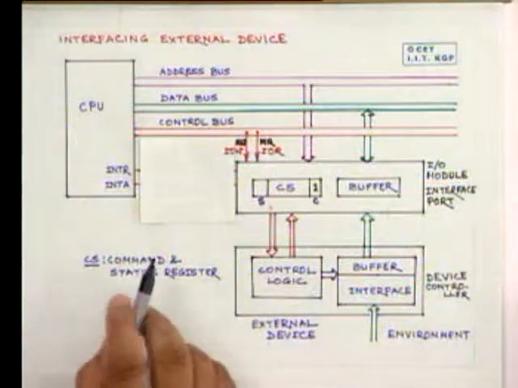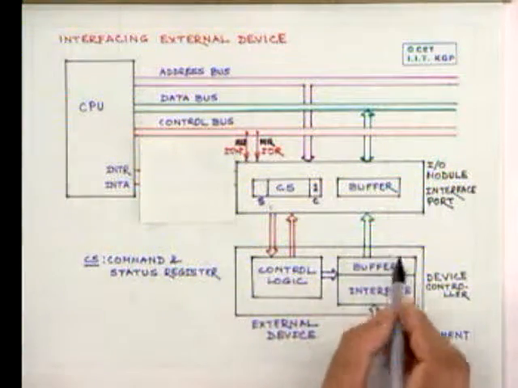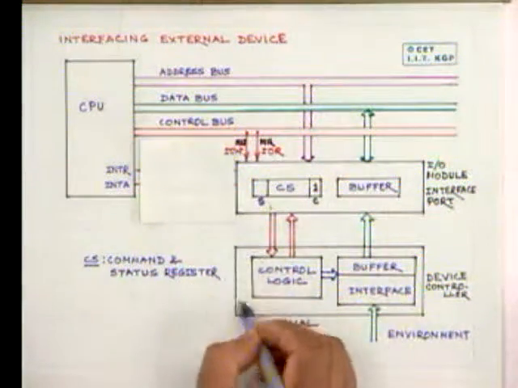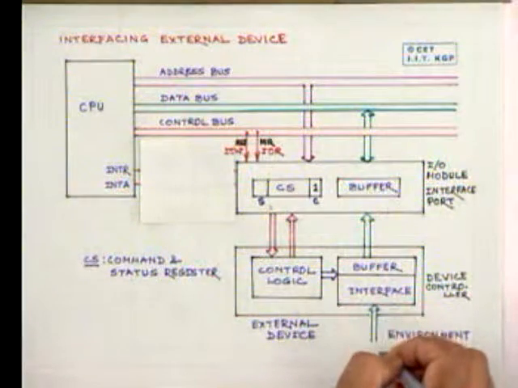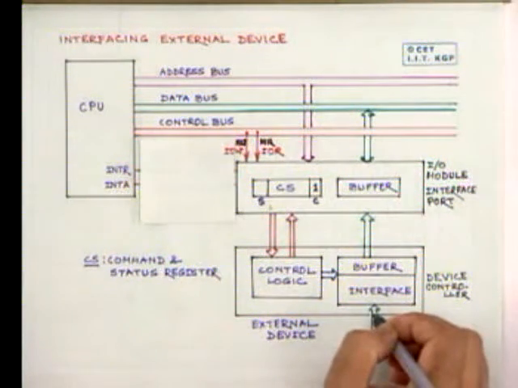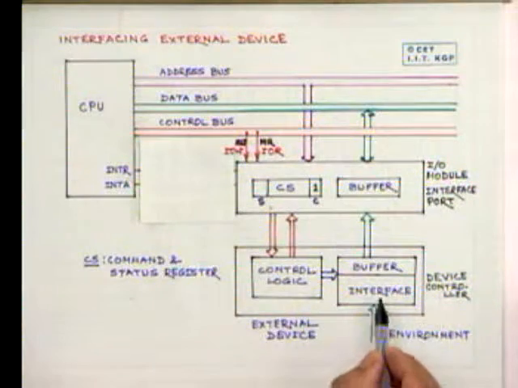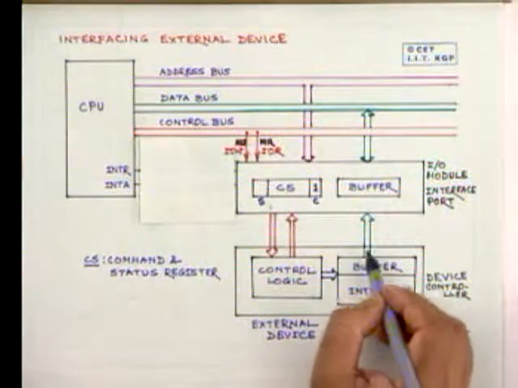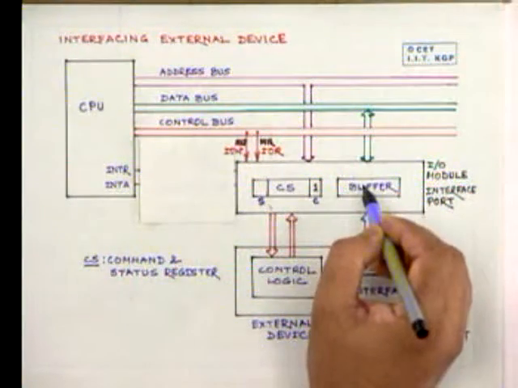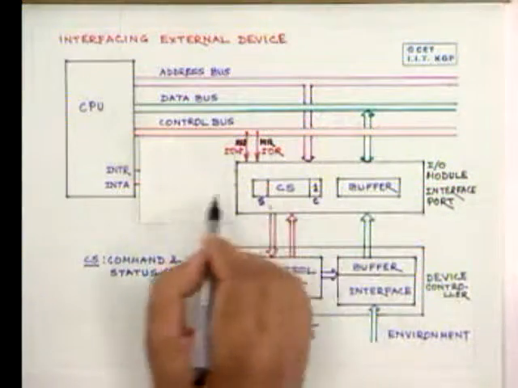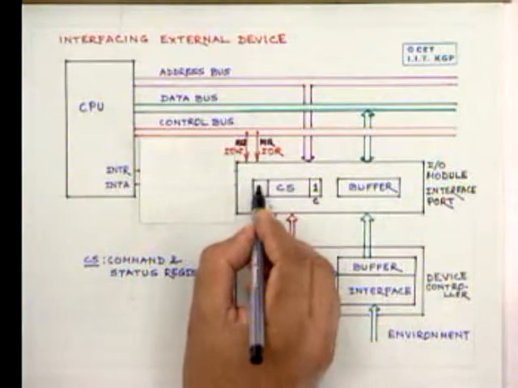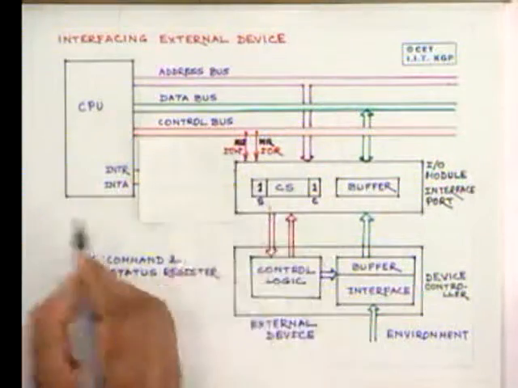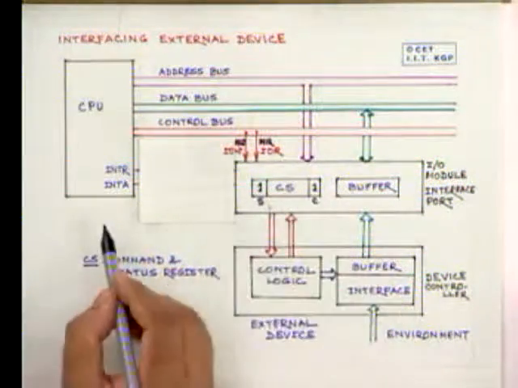Now on that, the device will take that data from the external environment, put it into the buffer here, and at the same time, the status register will be set to 1. That means initially both of them were 0.